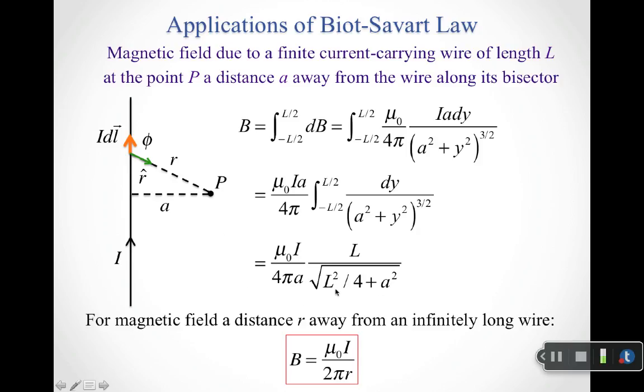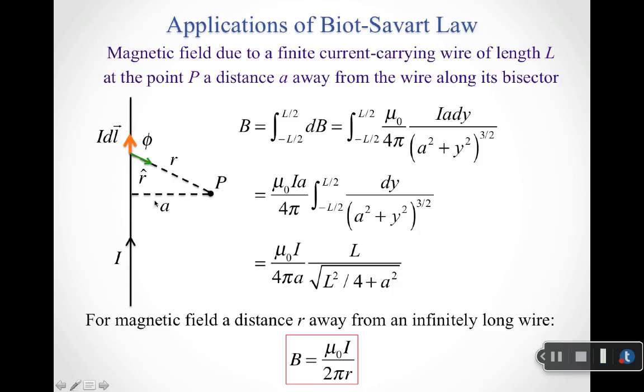In the case that our wire is infinitely long, when I evaluate this term in the limit as L goes to infinity, what I end up with is this expression. This is going to give me a factor of 2 when I take its limit as L approaches infinity. That 2 is going to cancel with the 4 down here to leave me a 2 pi on the bottom.